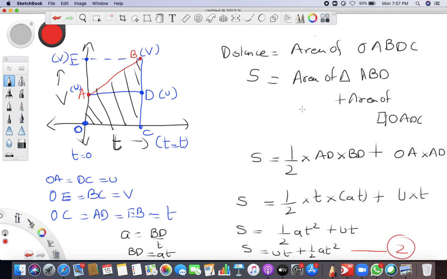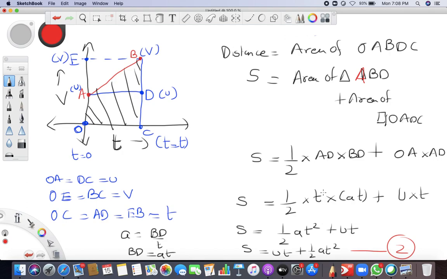Again, what did I do? I have found out distance. So distance is what? Area of, you can also call it a trapezium, which we have, right? OABDC. So in order to find it, we have to convert it into area of triangle ABD plus OADC. Area of triangle is what? 1/2 base into height, and length into breadth.